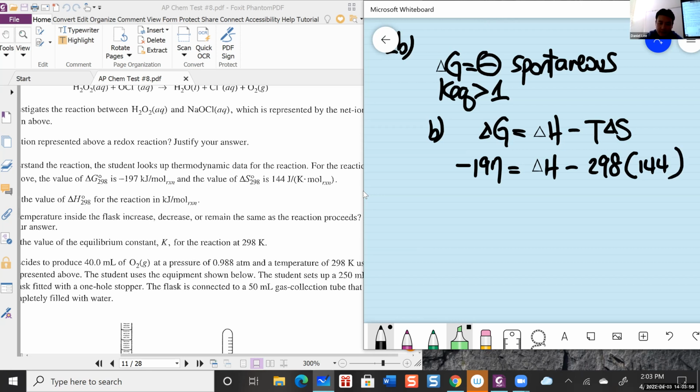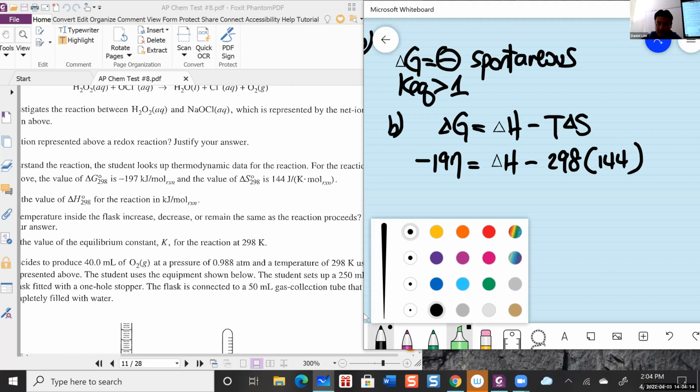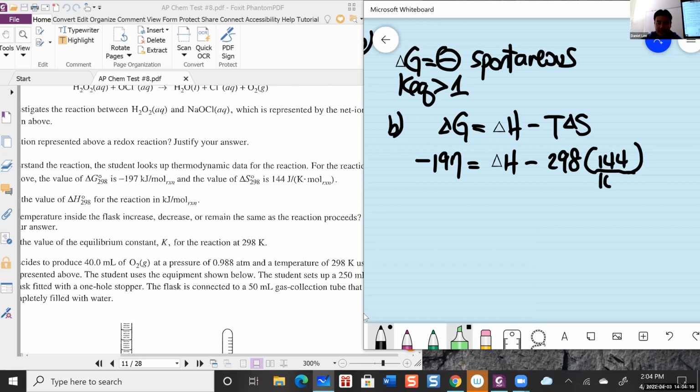Right? Because if I do this, I get the wrong answer. Well, the reason is that delta S is always given in joules, and delta G is in kilojoules. You cannot mix joules and kilojoules, so you would have to make that adjustment. So usually I just convert 144 into kilojoules by dividing by 1,000. So if you don't do that, you're not going to get the right answer. Okay, so it's something very simple, but we always make mistakes on it.